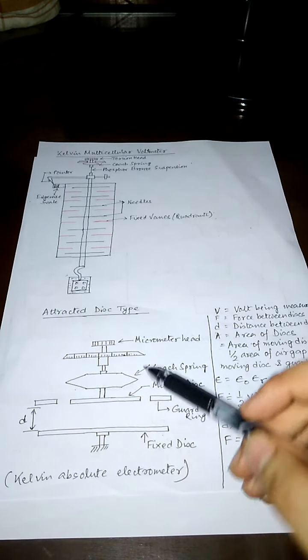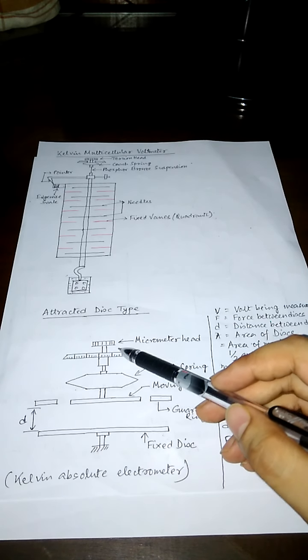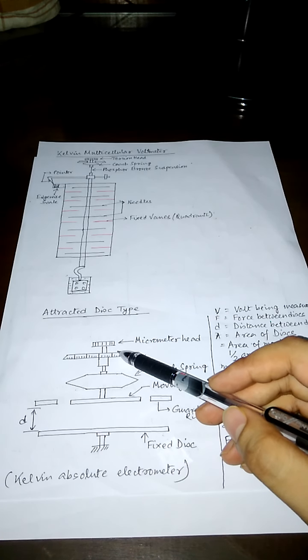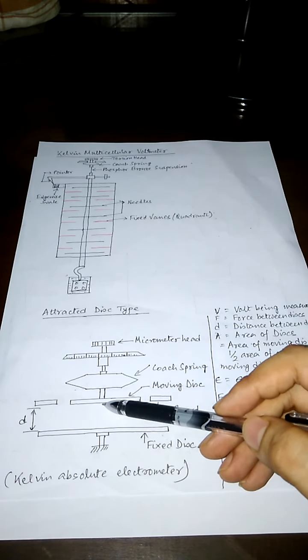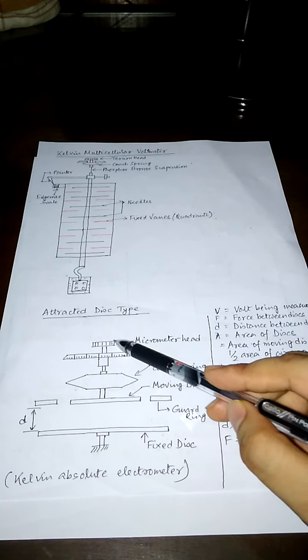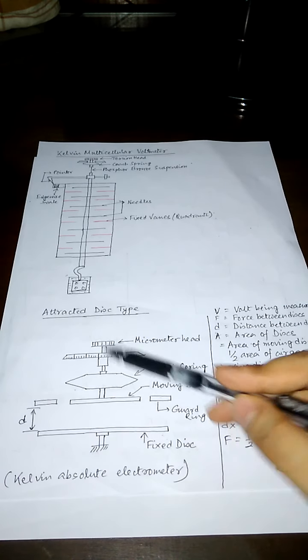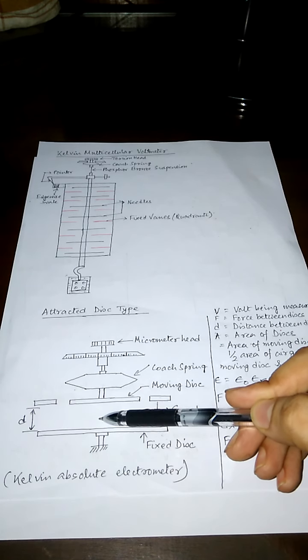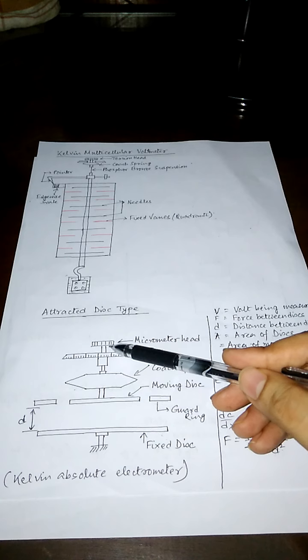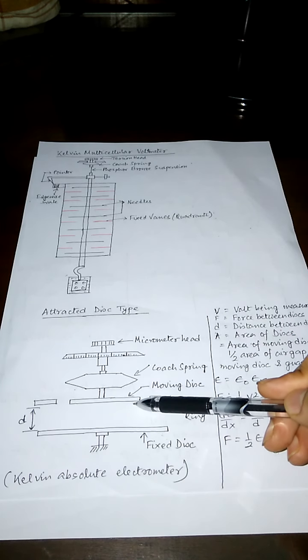To control this effect, we have to move the micrometer head to bring this moving disc back to its initial position, that means the zero position. The amount of movement of the micrometer head to bring the moving disc back from its final position to the initial position is the measurement of the applied voltage.